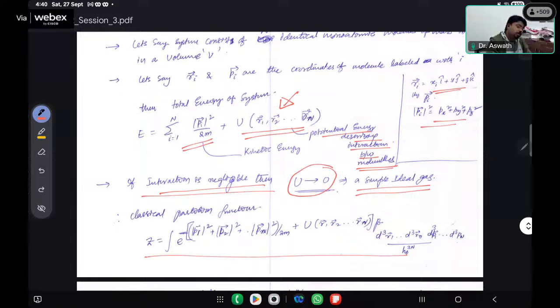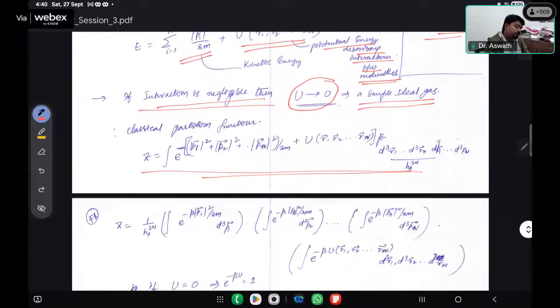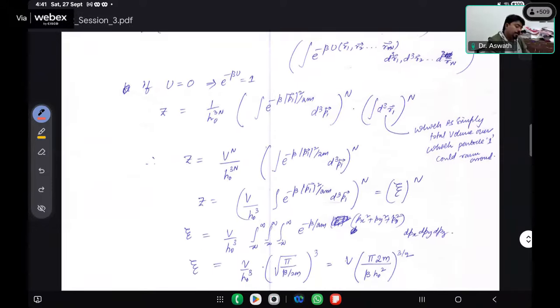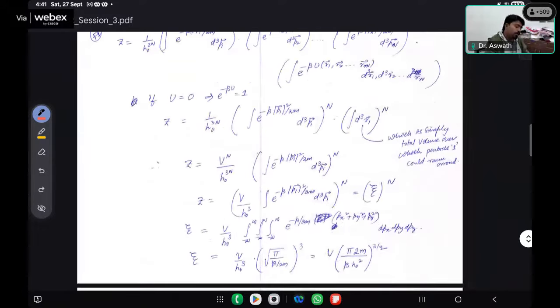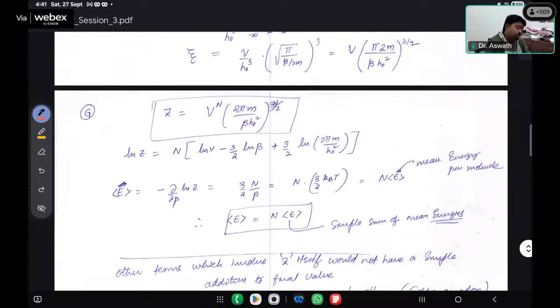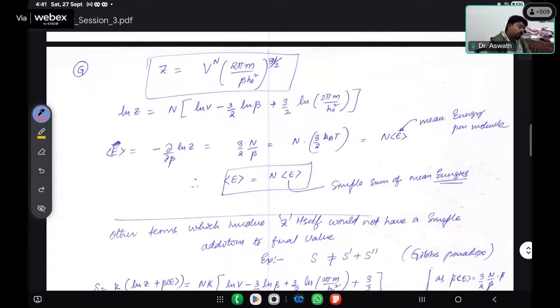In that case, the partition function is this quantity. From the partition function, I'm not going into the derivation, it's very lengthy. What you get is that the overall energy is the individual energy multiplied by the overall number of particles, where each contribution comes out to be kT.